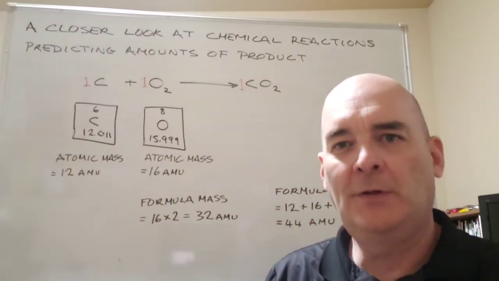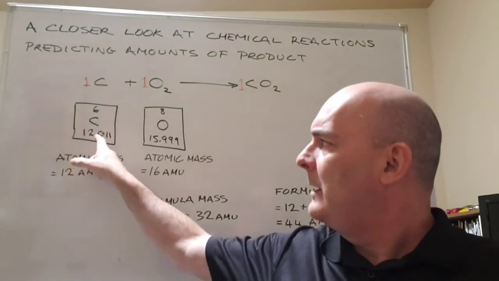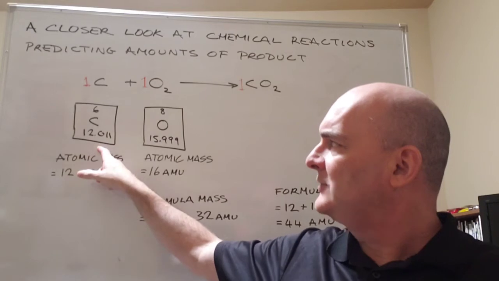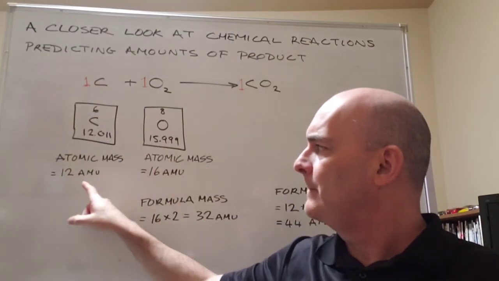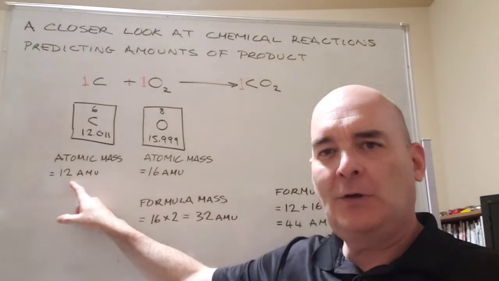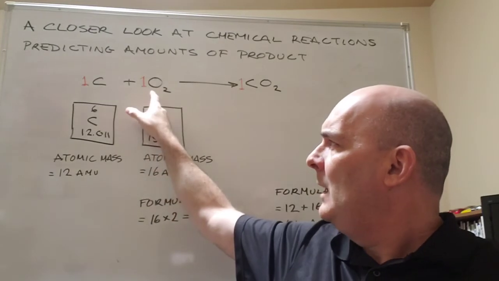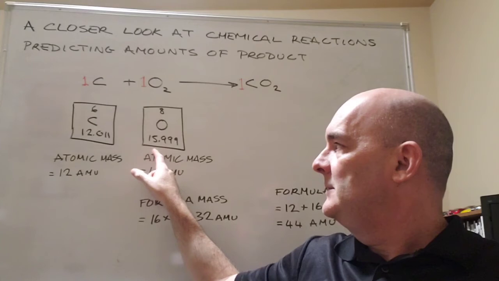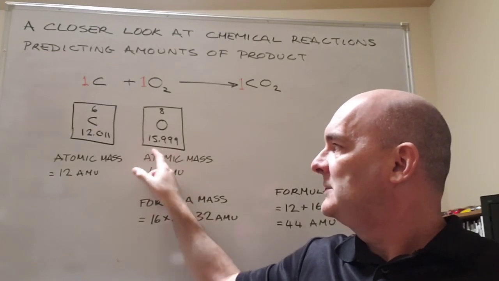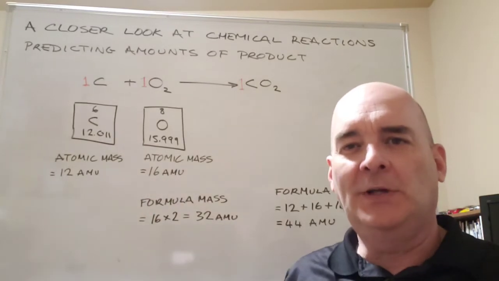That's the number of protons plus the number of neutrons. This is the mass number. It tells me that 1 atom of carbon has a mass of 12 atomic mass units, and that 1 atom of oxygen has an atomic mass of 16 atomic mass units.